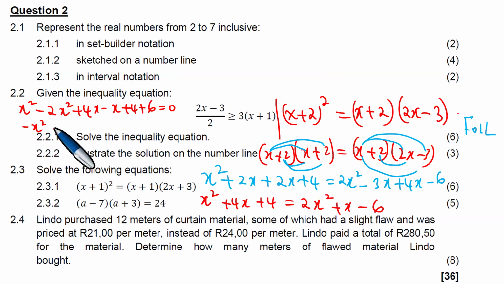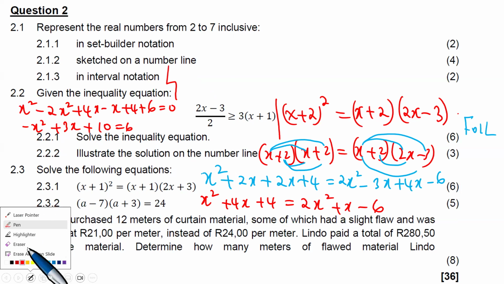What is 4x minus x? It's 3x. So in the end, we have the minus x squared, and this is equal to 0.